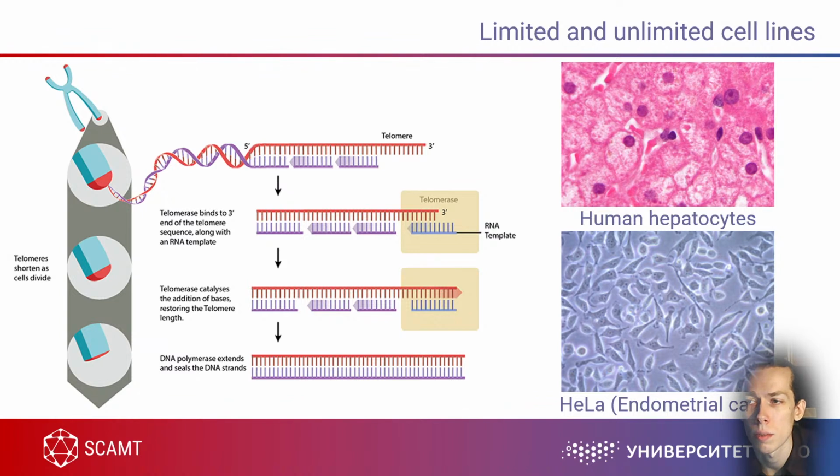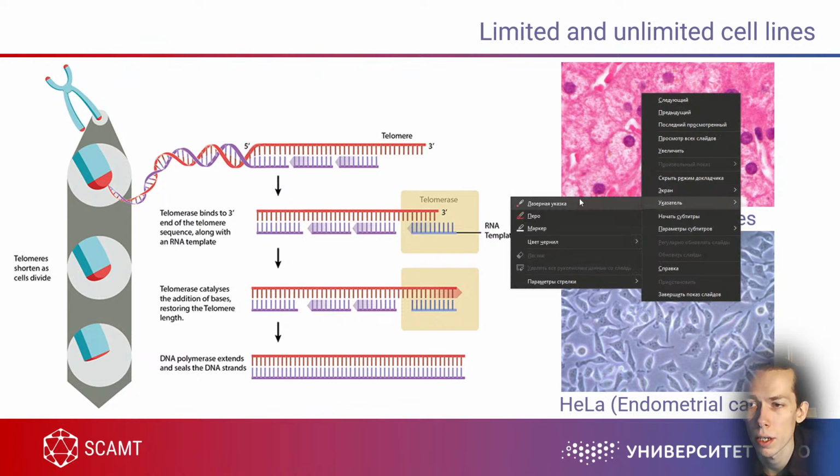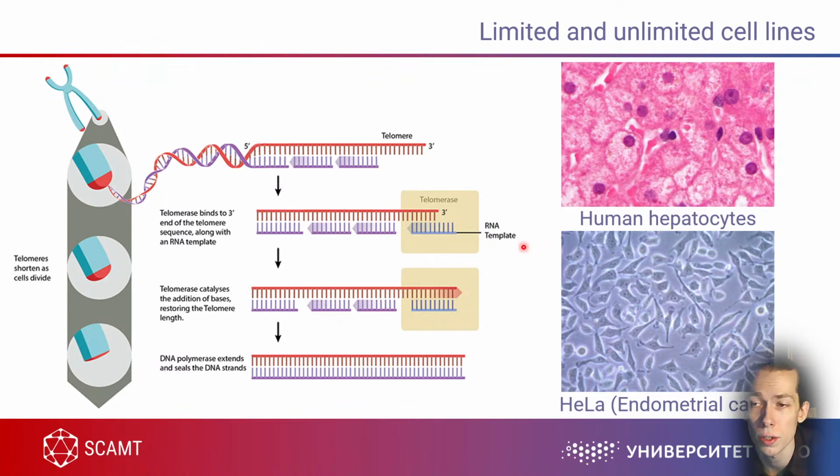This means that they can divide unlimitedly without any signs of degeneration. For example, HeLa cells are an unlimited cell culture, but still it's not very good to maintain them for a huge number of passages. And human hepatocytes are limited. They can live for some days, maybe a week, but they will die, and this is a limited cell culture.